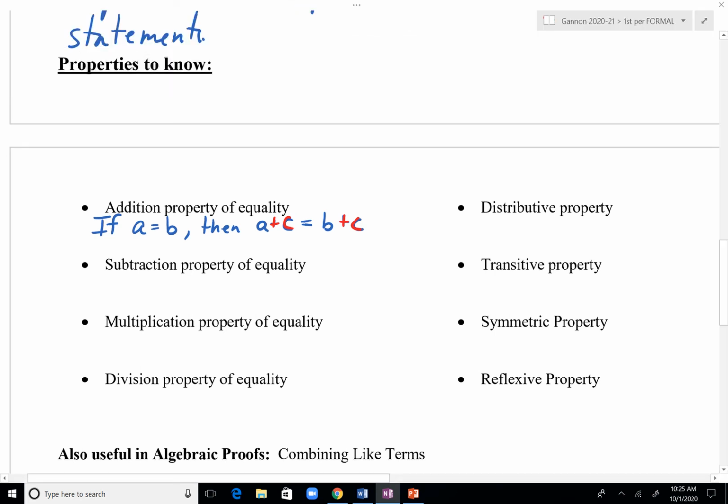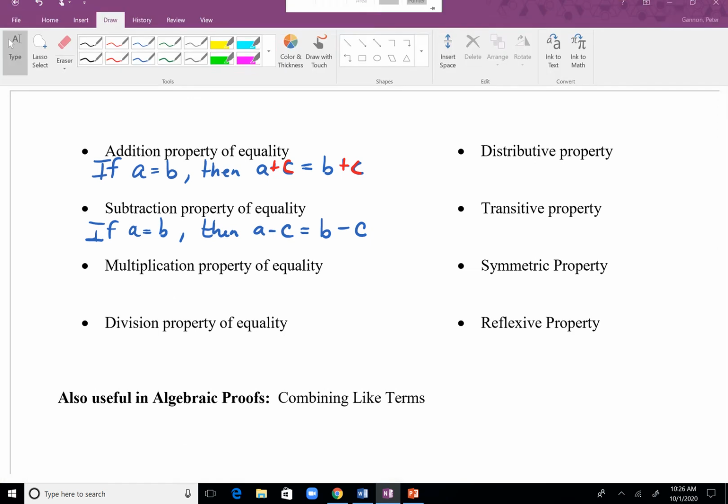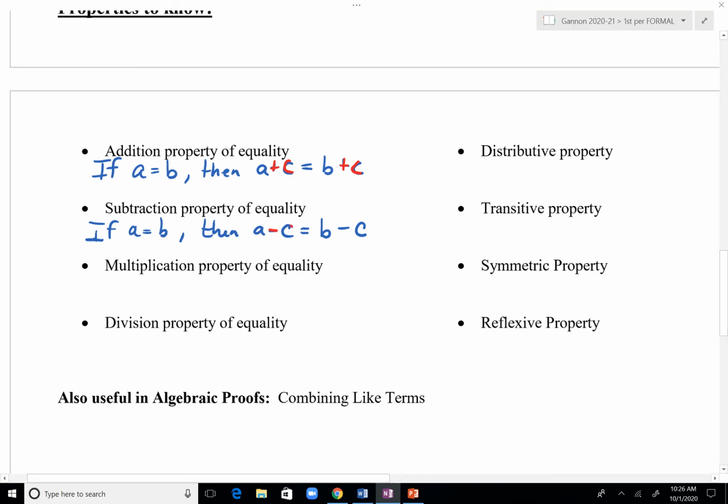The subtraction property of equality, if A equals B, then A minus C is going to equal B minus C. Again, we're subtracting the same thing from both sides of that equation.